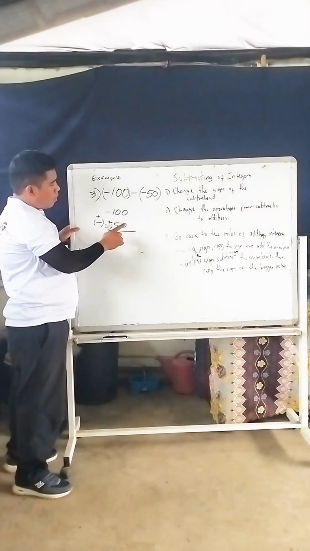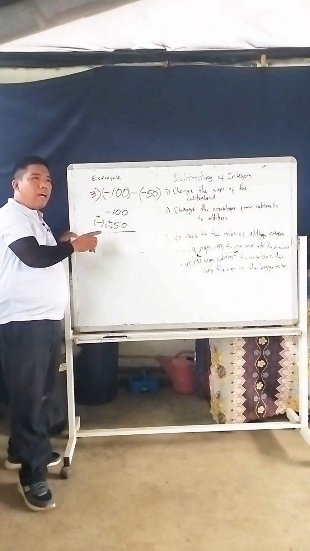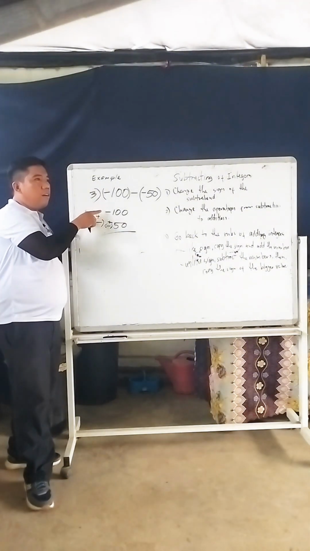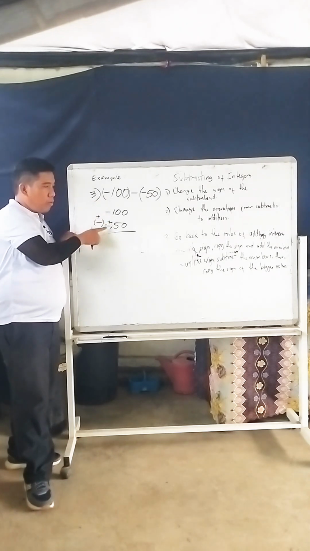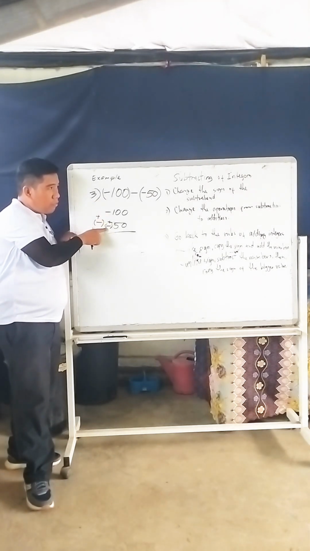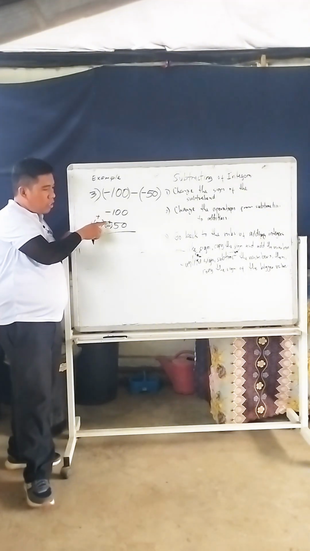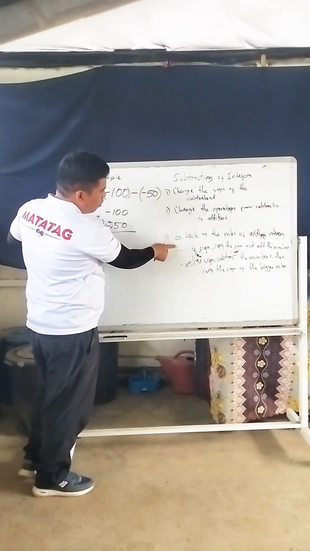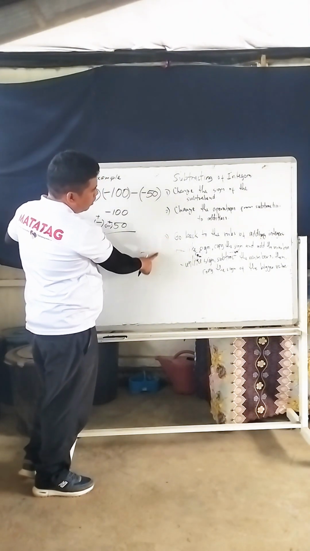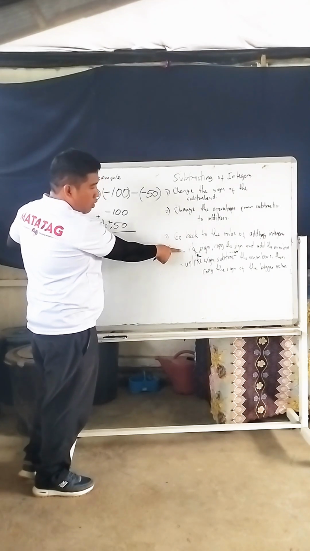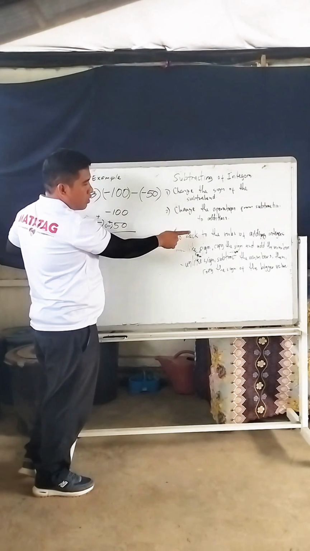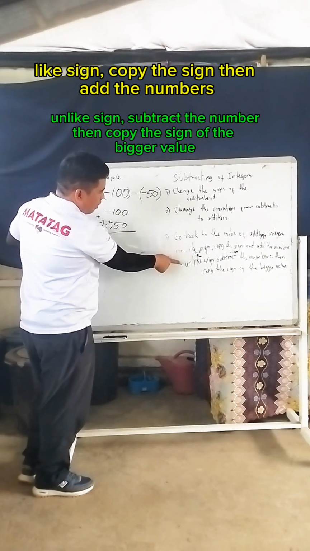And let us look at the sign of the given integers. So we have negative 100 and positive 50. Yes, this is positive because we changed it already. In rule number 3, we're going to choose in certain rules in adding integers, like sign or unlike sign.